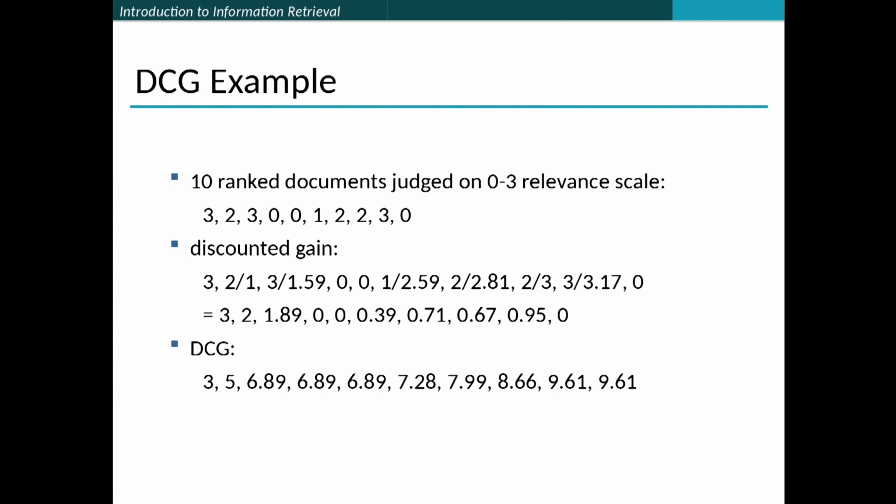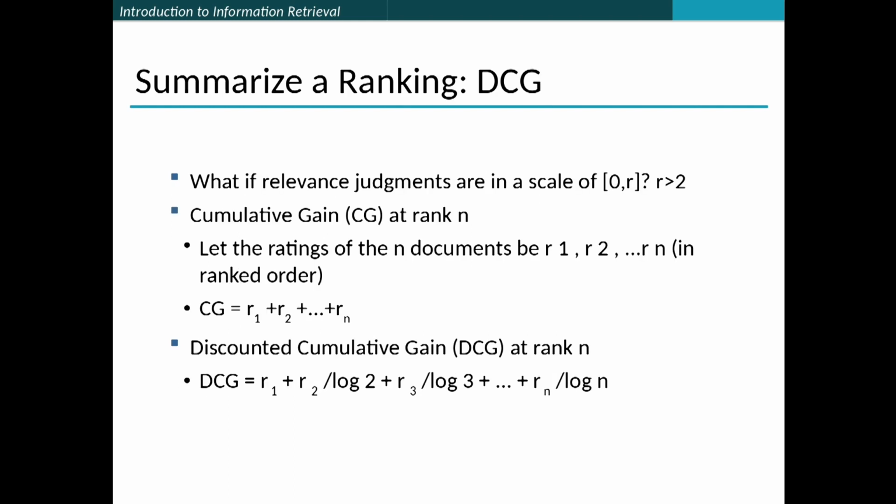Okay, what is now the discounted gain? Remember that here we have the log of the position. So it's 3, 2 over 1, 3 over 1.59. Why 1.59? Because it's log of 3.